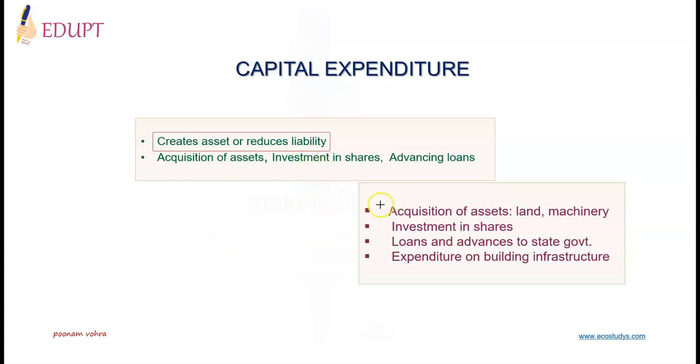Such expenditures pertain to payment on acquisition of assets like land, machinery, building, equipment, etc., investment in shares, loans and advances given to the state governments, public sector units, union territories and others, or expenditure on building roads, flyovers and other infrastructural facilities.